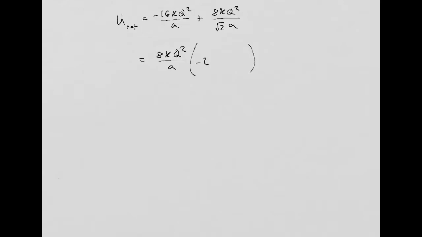And then if we factored it out of the second term on the right, we should just get 1 over root 2. Okay. So if you want, you can keep going with the simplification, or I would be fine if you just figured out what minus 2 plus 1 over root 2 is. But I'm going to leave it there. We've basically whittled it down as far as it would go.